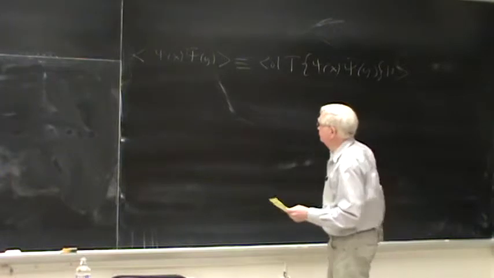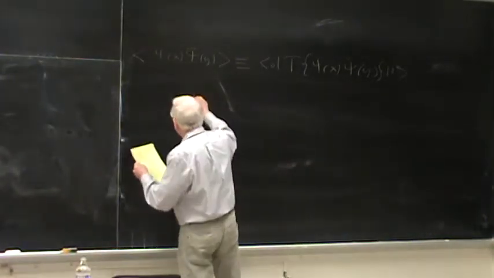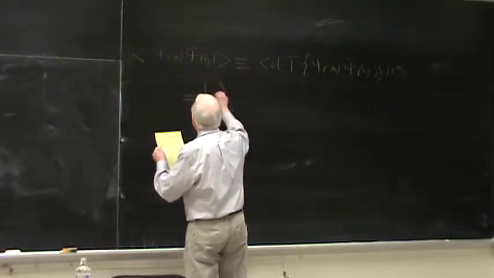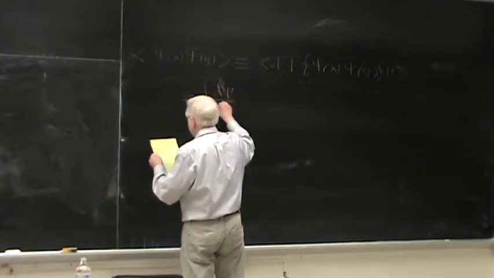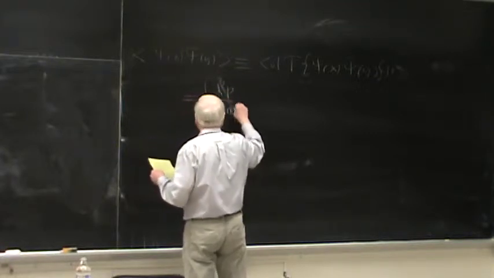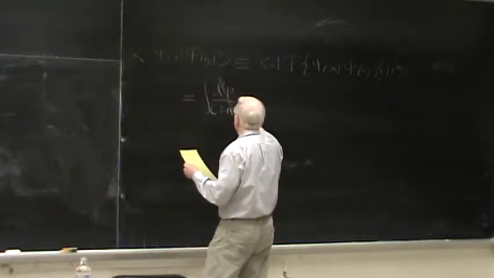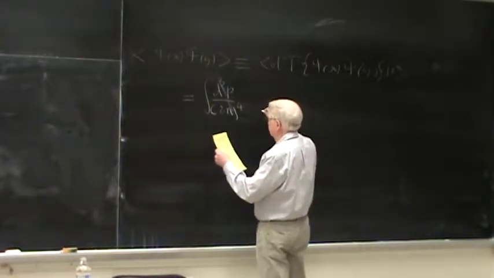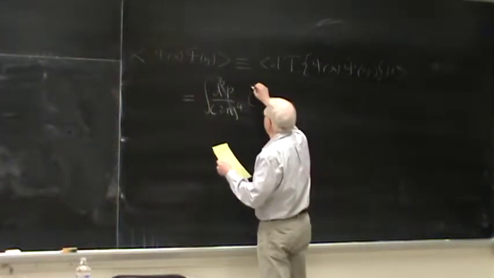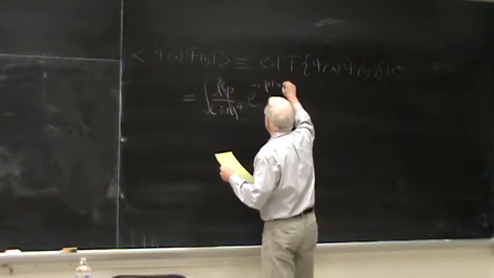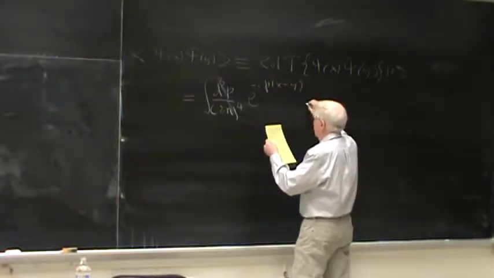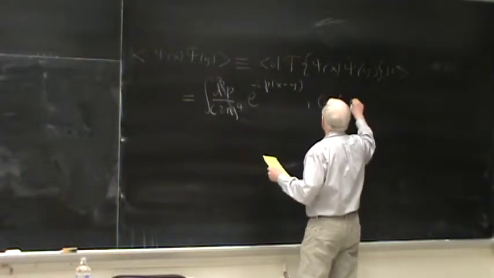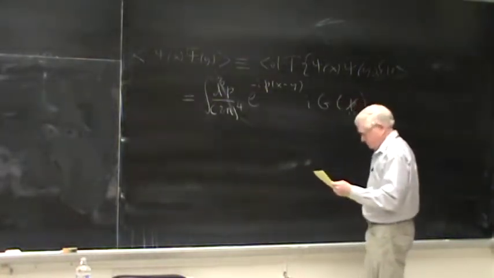And we write that, of course, in Fourier space, whoops, that's a 4, as e to the minus i p (x minus y) i G of p slash.